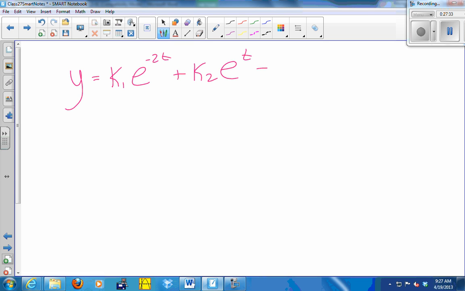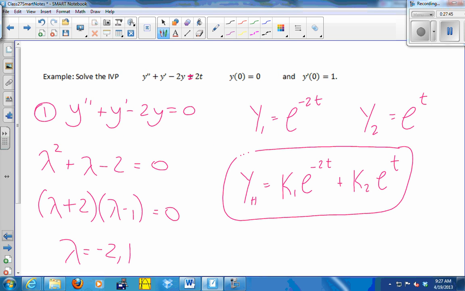I think it's -2 and 1, minus. So is this your characteristic equation? Lambda squared plus lambda minus 2 equals 0. So you get +2 minus 1, -2 and 1 are the solutions.